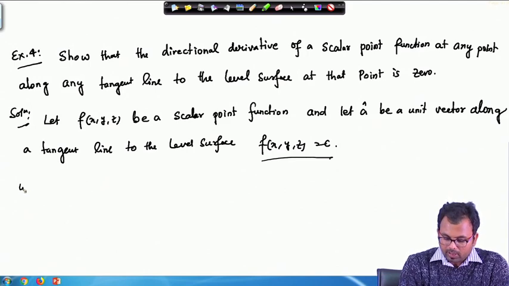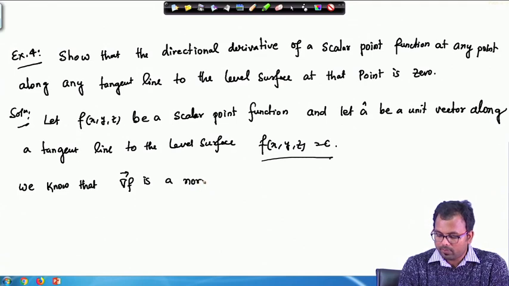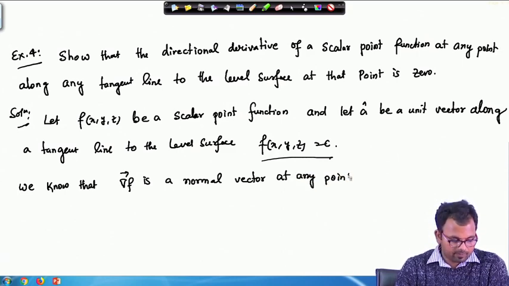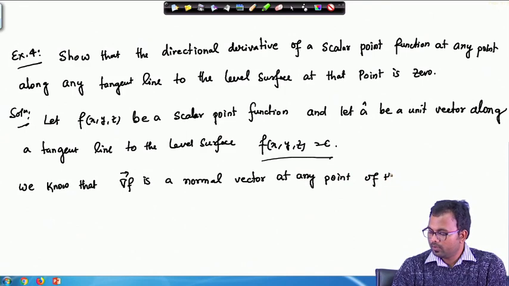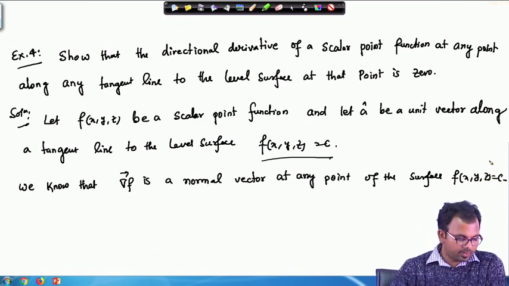Now we know that the gradient of f is a normal vector at any point of the surface f(x, y, z) = c, right.